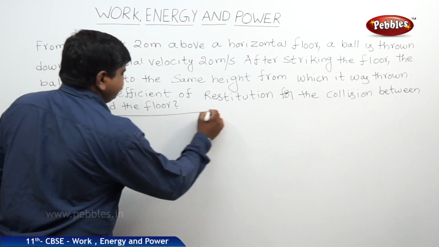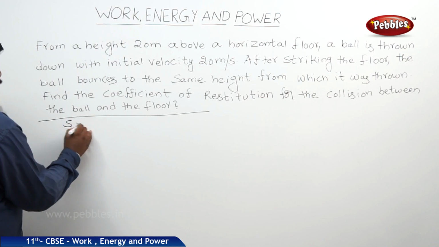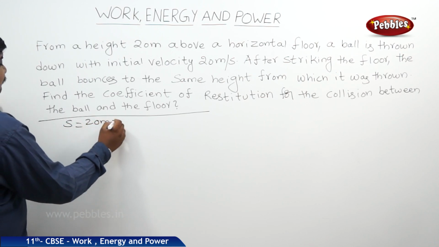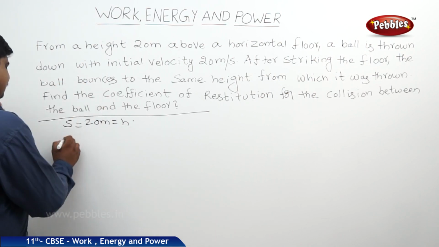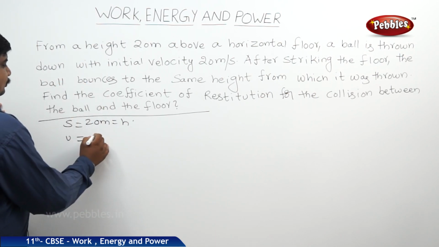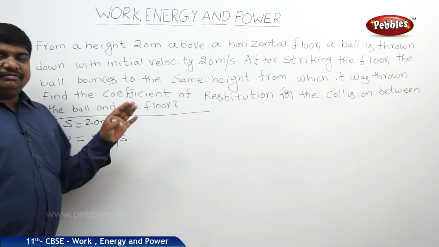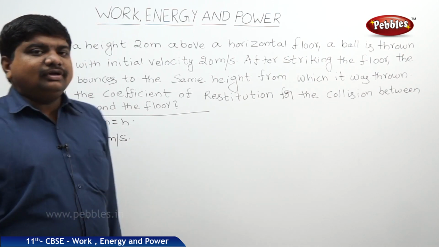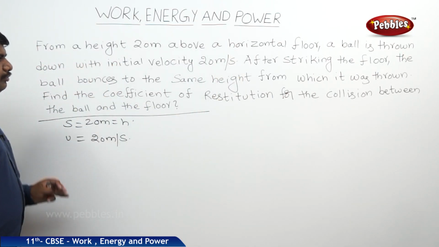Let us suppose the height, meaning the 20 meters of distance it has traveled, we can call it height also. And it was thrown with the initial velocity u of 20 meters per second. After striking the floor, it has reached the same height from which it was thrown.